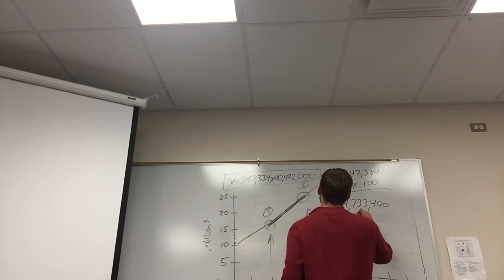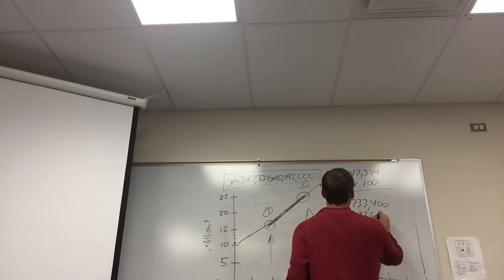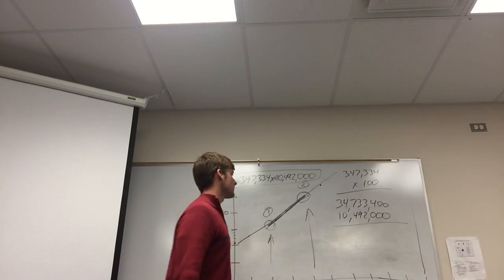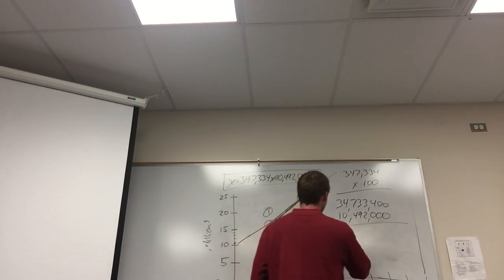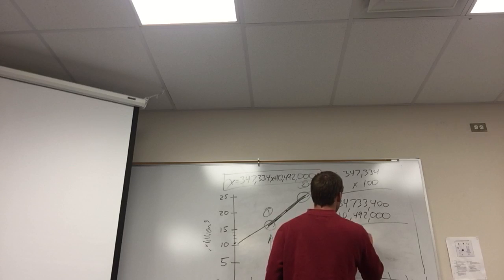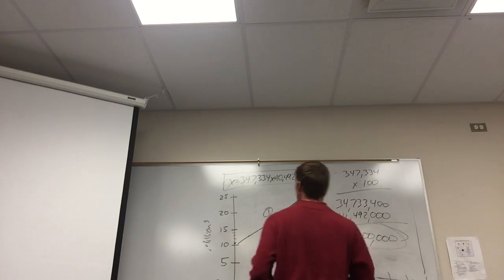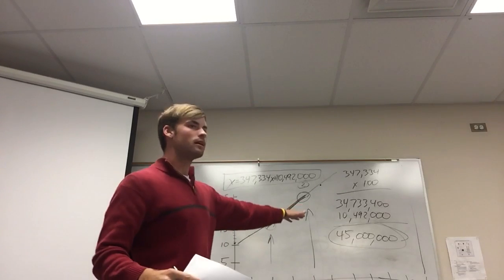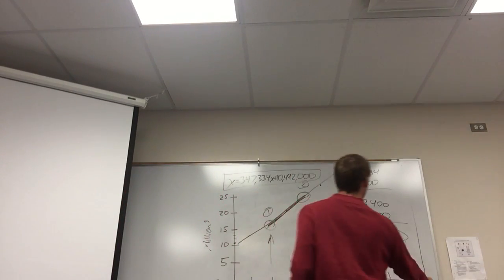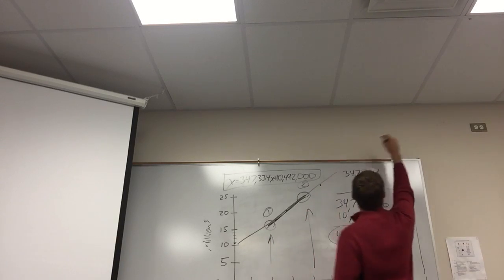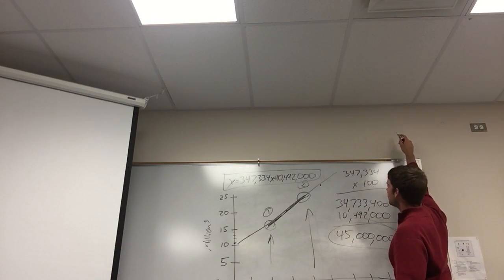And then all I have to do is add this 10 million to it. It's 10,492,000. And that's going to give me roughly about 45 million. Let's stick to that right here. 45 million people. Now let's look at our graph real quick. Alright, so it's going to be 2066. And according to my line, it's going to be about right here, right?